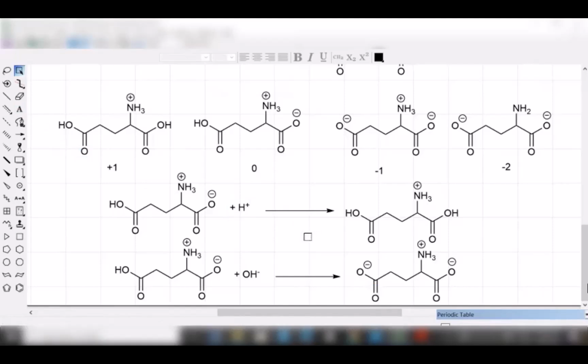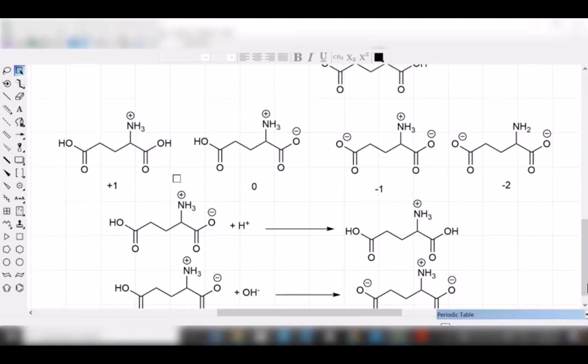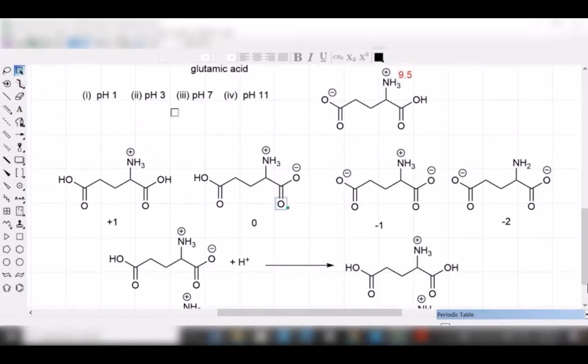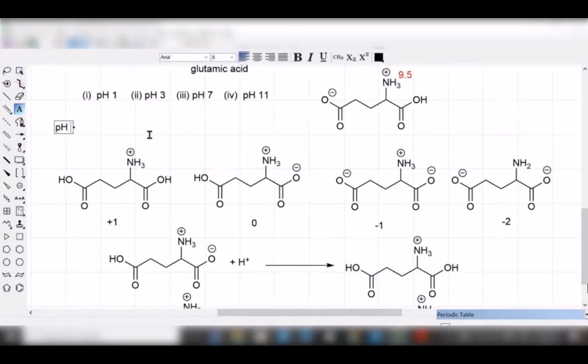For those of you with problem getting the forms at the major pHs, you can actually use the Henderson-Hasselbalch equation. pH equals pKa plus log of the concentration of A minus, the conjugate base, over the concentration of HA.